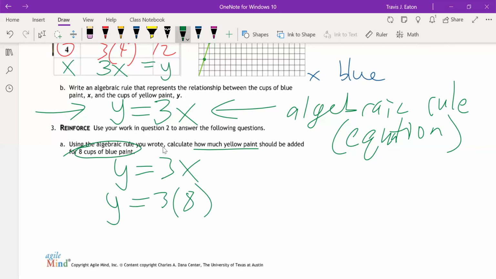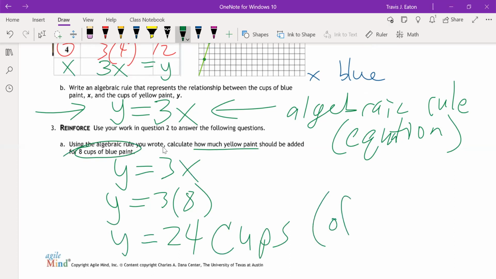So the amount of yellow paint that we need is equal to 3 times 8, which is 24. So we would need 24 cups of blue paint. I'm sorry, cups of yellow paint.